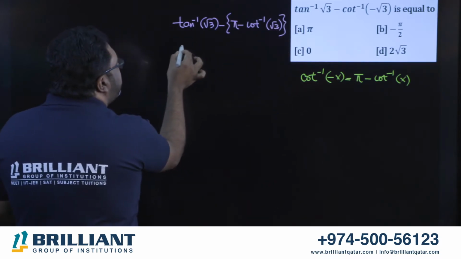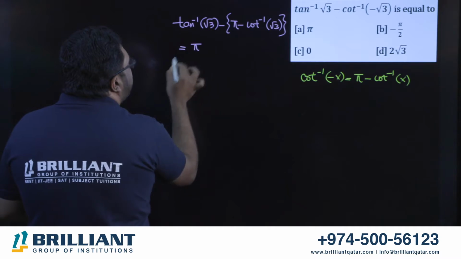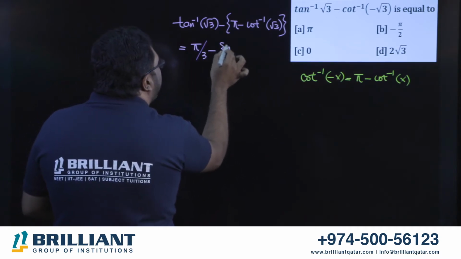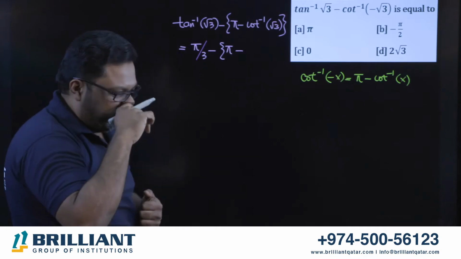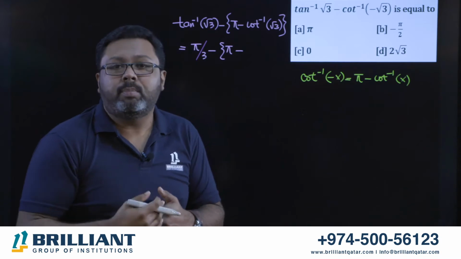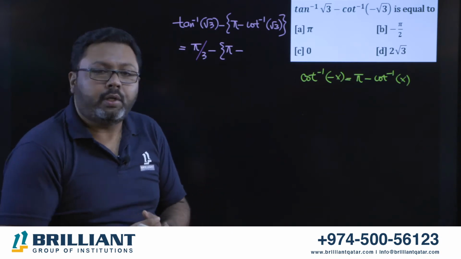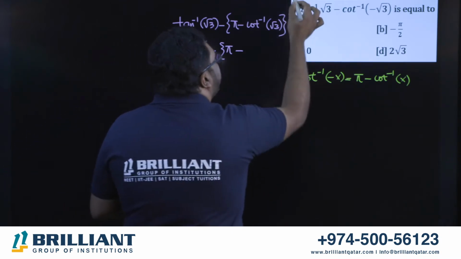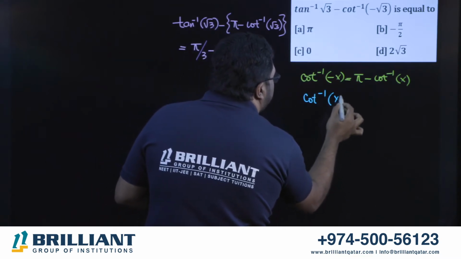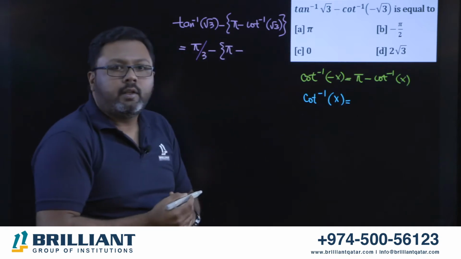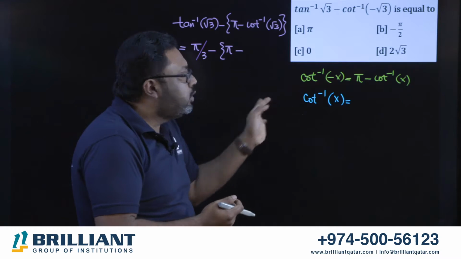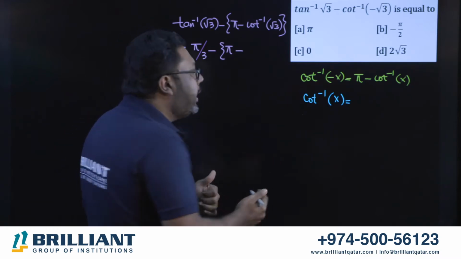Okay, so tan inverse root 3, again we remember the angle corresponding to that is pi by 3, minus pi minus cot inverse. Some of you will find it very difficult to remember the angles corresponding to cot. In that case, I would suggest one thing. We have a property of inverse trigonometry which helps to convert cot to tan very quickly.